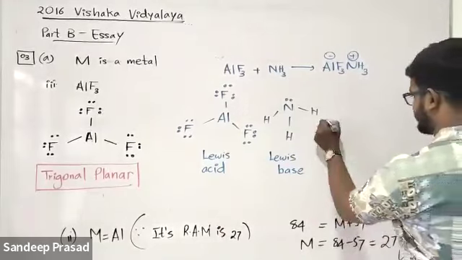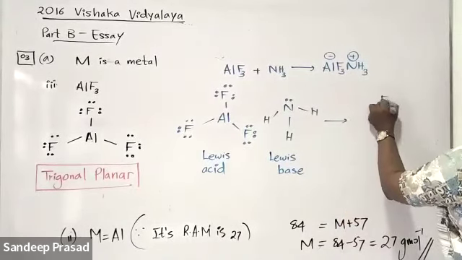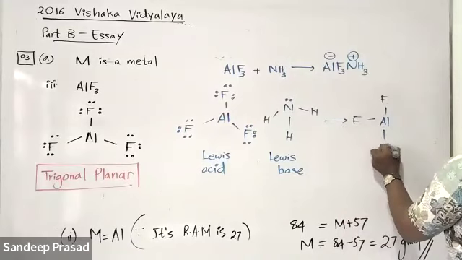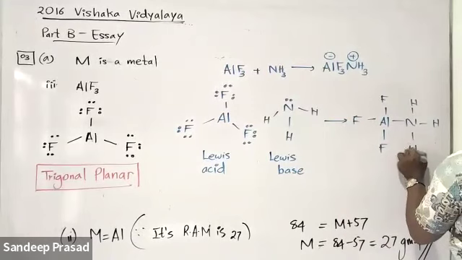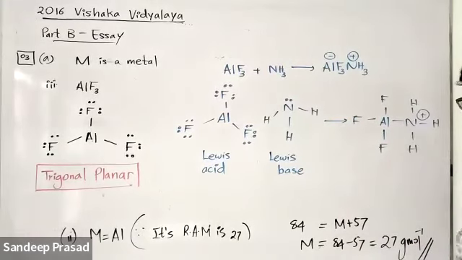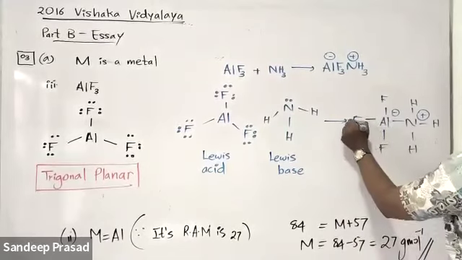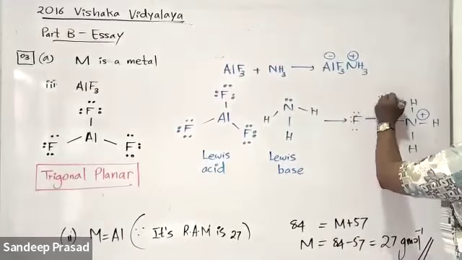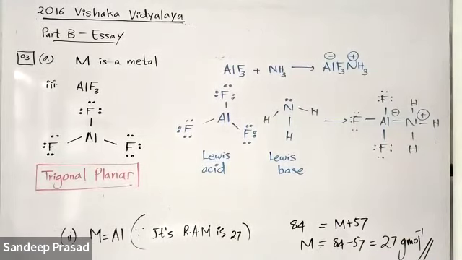So the structure is like this. NH3. Nitrogen is positively charged since it is losing an electron. Aluminium is negatively charged since it is gaining an electron. Through a dative covalent bond, these two molecules form this kind of compound, AlF3 NH3.